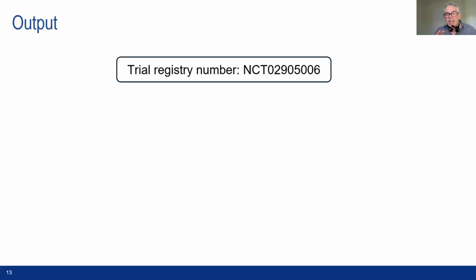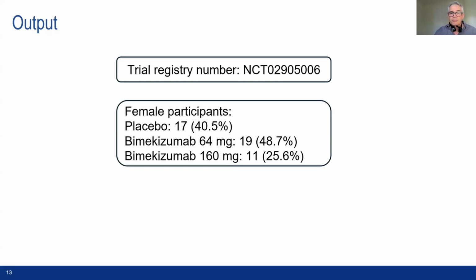Some of the data items we asked Claude to extract were really straightforward. For instance, the trial registry number, which just involves transcribing data from the publication into the table. Others, however, were more challenging, like the count and the proportion of female participants, which required pulling data out of a table.